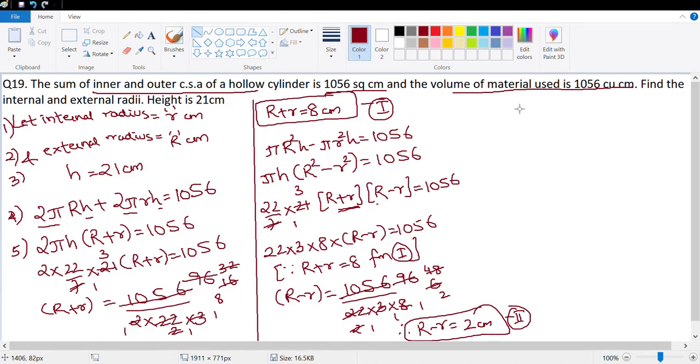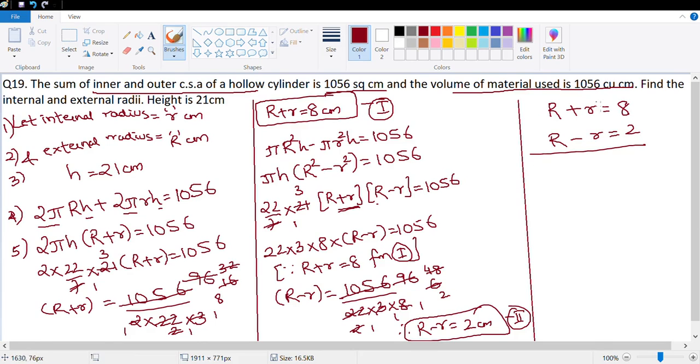Let's solve these two equations simultaneously, and we should get the value of small r and capital R. So R plus r is equal to 8 and R minus r is equal to 2. Let's add them. This gives me 2R is equal to 10. Therefore, capital R is equal to 5 centimeter.